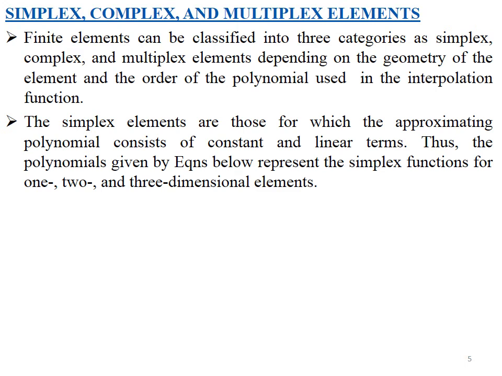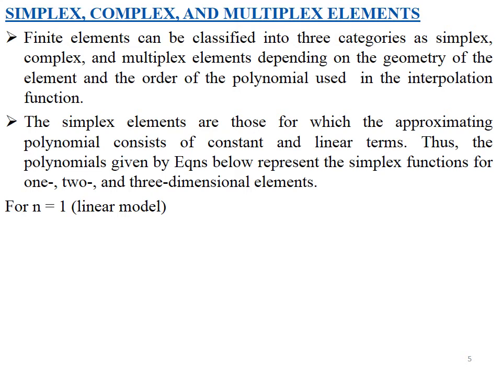Simplex elements are those elements for which the approximating polynomial consists of linear terms. The polynomials given by the equations below represent the simplex functions for 1, 2 and 3-dimensional elements.